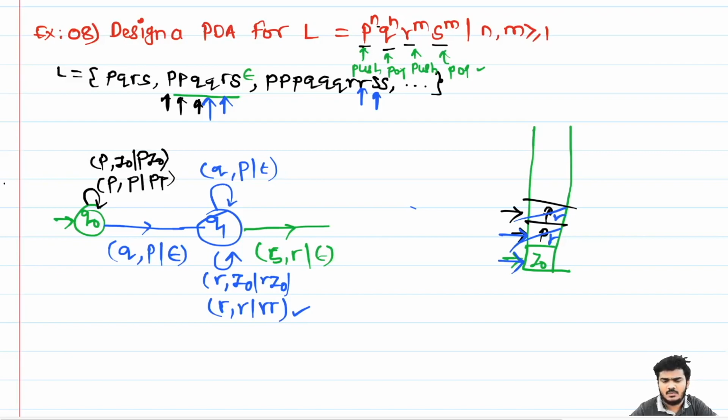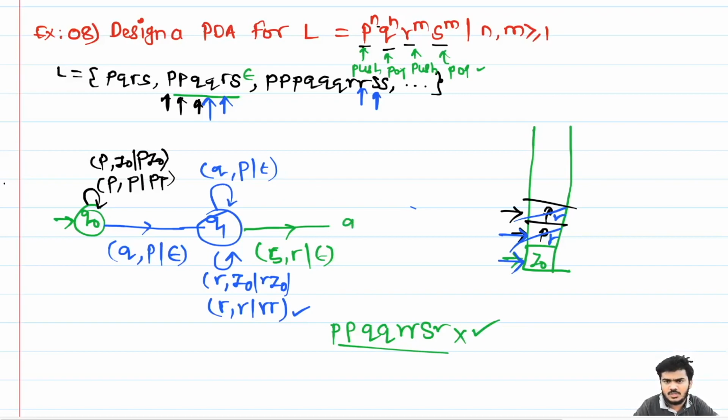So that's why we don't want R after S. So that's why we are changing the state, because it will accept. If we stay in the particular state, then there is a possibility of strings like this occurring: PP, QQ, RR, then S, again R, and we have to reject this string because our language doesn't contain this particular string. So that's why we are changing the state.